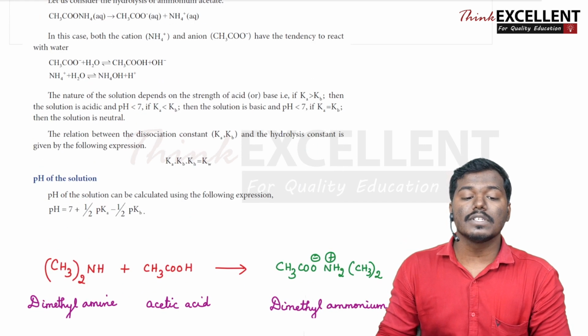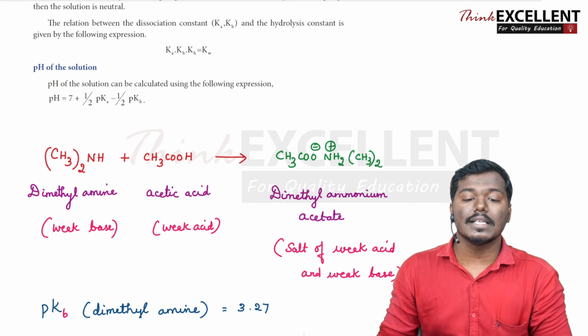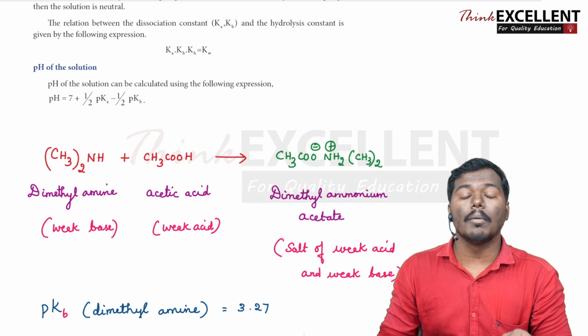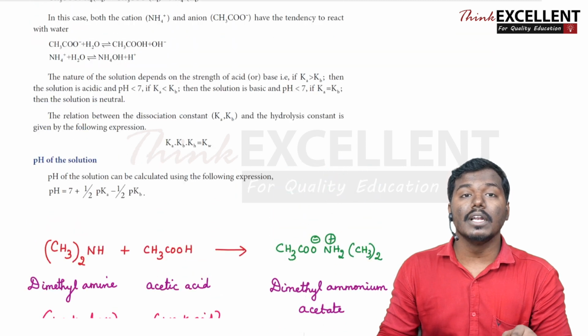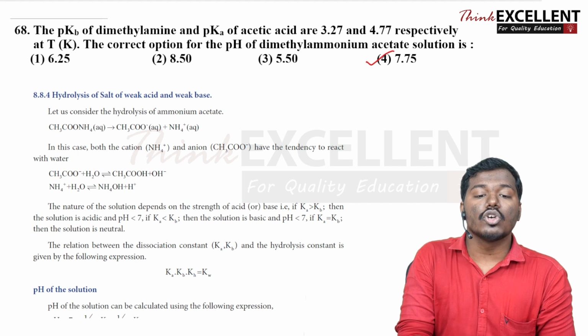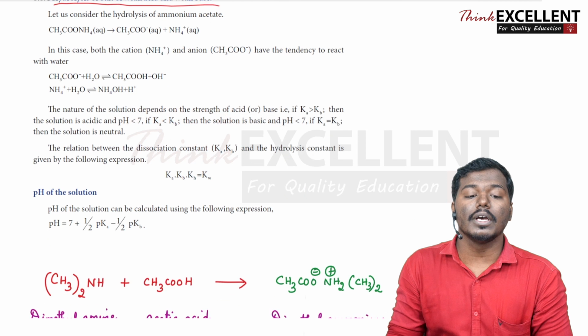Okay, so we have studied that dimethylamine, which is a weak base, when reacting with acetic acid, a weak acid, forms the salt of a weak acid and weak base, that is dimethyl ammonium acetate. Now how do we find this? We have studied the hydrolysis of the salt of a weak acid and weak base, and how to find the pH there.